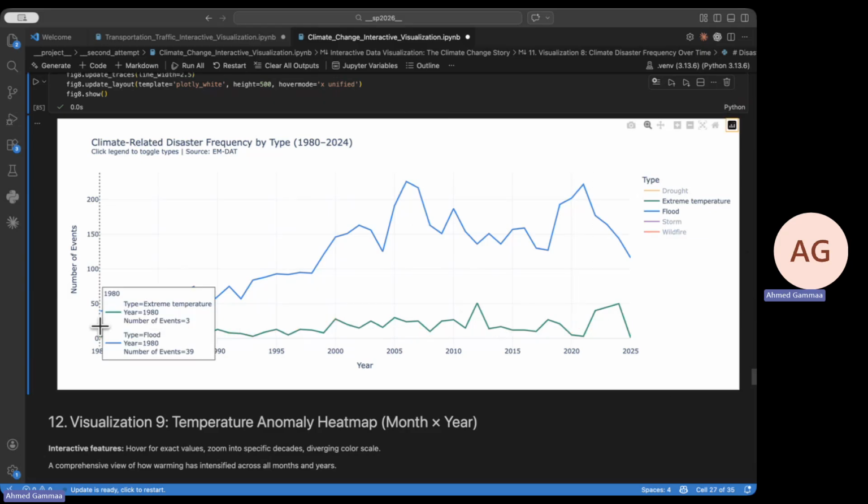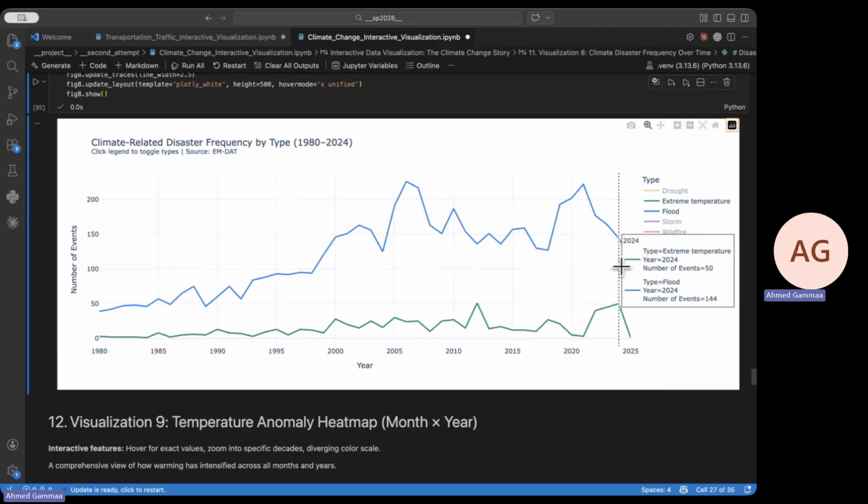If you can see here, in the beginning the extreme temperature has only three events compared to, for example, 39 flood events. In 2024, we have 50 extreme temperature events compared to 144.